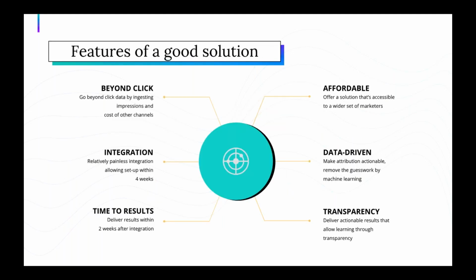So when you're determining what's the best solution for you for your attribution model to help measure your campaign, there are a few things that you should focus on, right? One of the biggest things that you should focus on is that it's measuring beyond click. You should go beyond click data by ingesting impressions and the cost of the other channels being used.